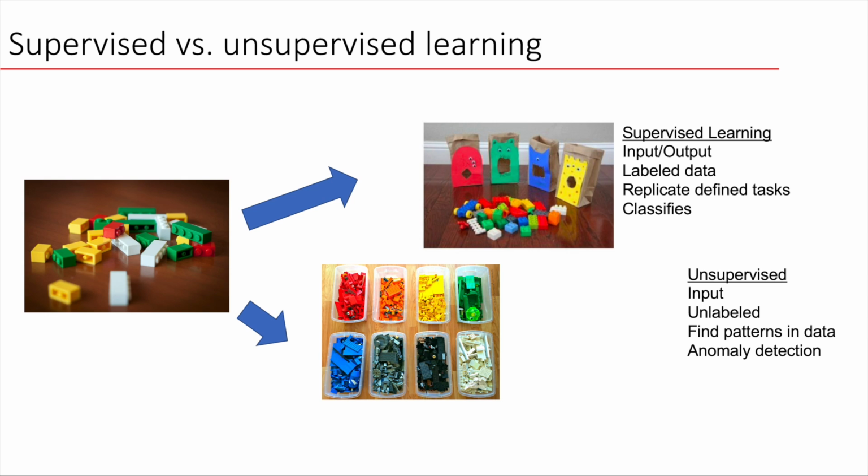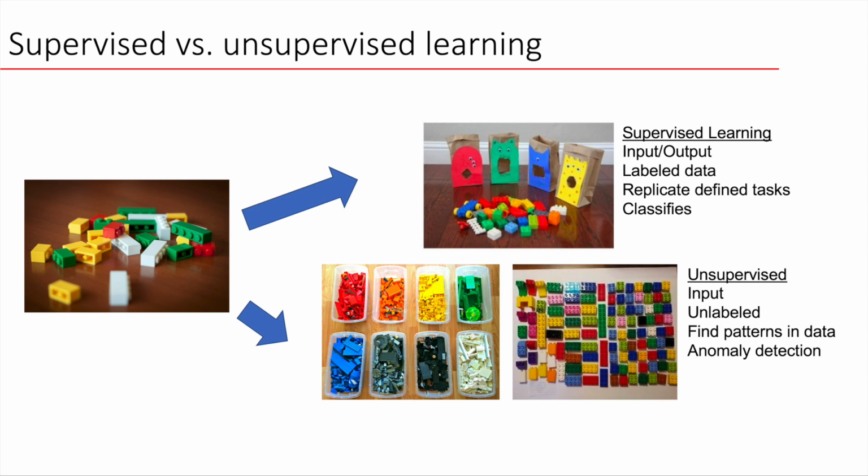The other beauty of unsupervised learning is that there's really no particular output that's required. One child may want to group things based on color, but another equally creative child may want to group things based on the size of the Lego piece. And that's really the beauty of unsupervised learning: there's a lot of flexibility for creativity and for eureka moments that I think could really drive innovations in research.